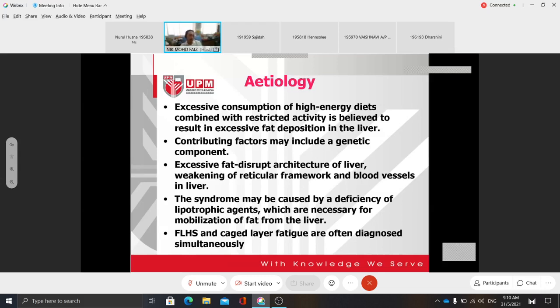What are lipotropic agents? Like vitamin E, vitamin B12, biotin, some of those. Fatty liver hemorrhagic syndrome and cage layer fatty are often diagnosed simultaneously, because fatty liver hemorrhagic syndrome usually happens during peak production, and cage layer fatty also happens during the peak production of layers.